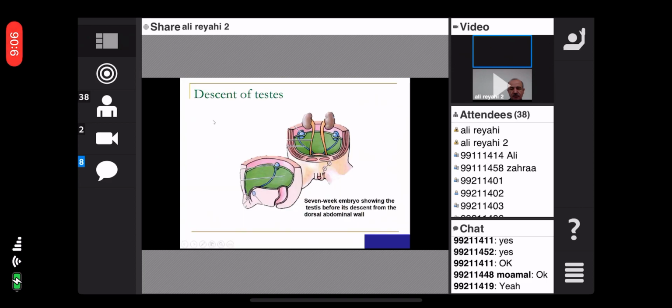The other term is about the descent of the testis. What does this mean?